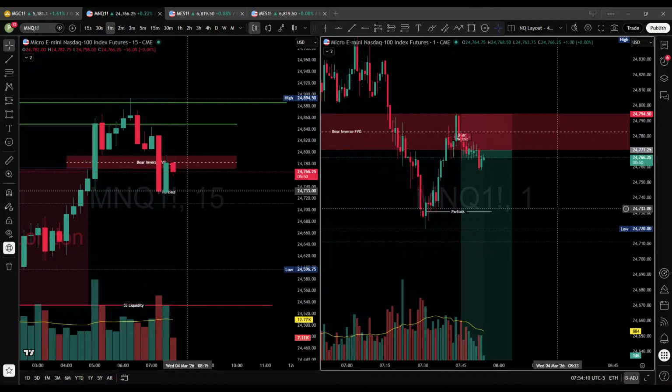I am not moving the stop loss to break even yet, and we need to see some good move before taking the stop loss to break even.